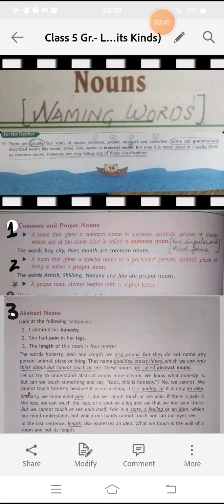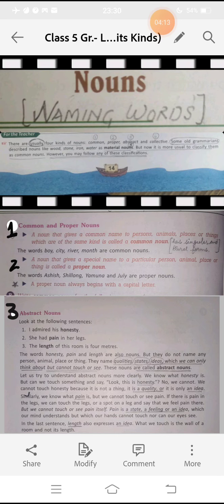Let's take an example. If I take these names Ashish, Mohit, Sonit, Sonu, instead of calling all these 4 with their individual names, and I call them boy, then that means I am giving a common name to them.